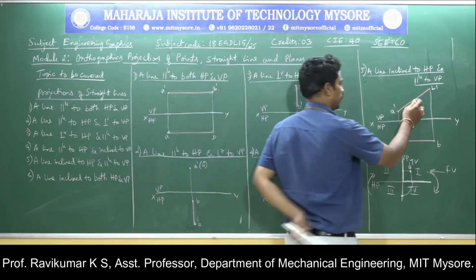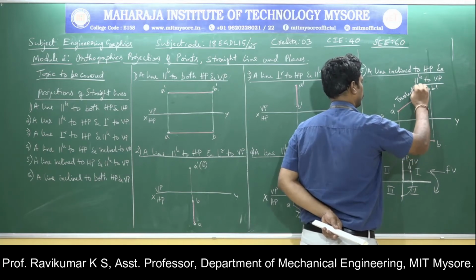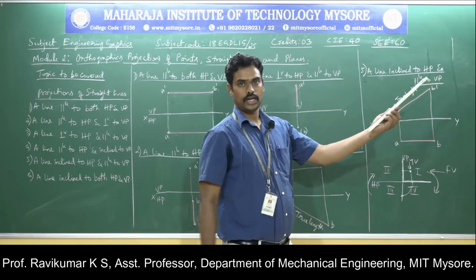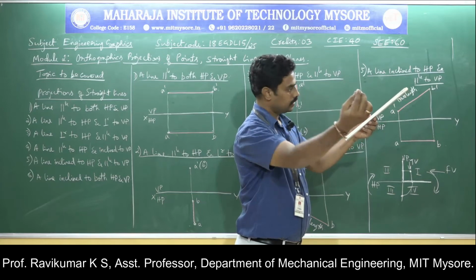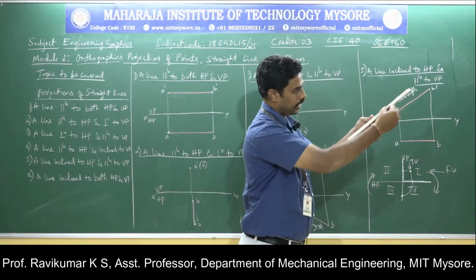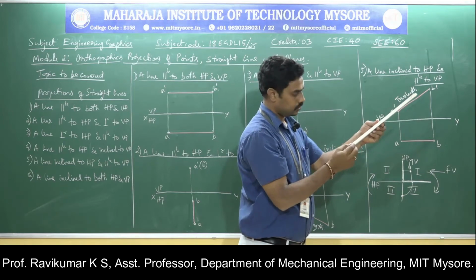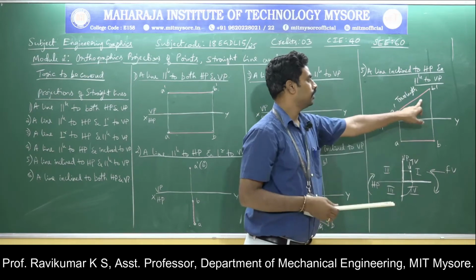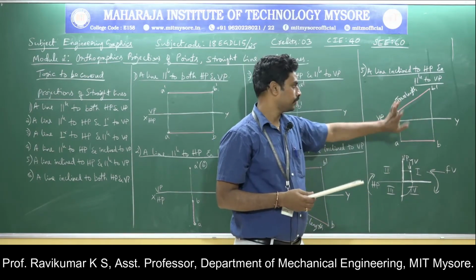And also if I look at this, this is in its true length. If I hold the line like this, the viewer from this point can see the entire length of the line. So projecting this point and joining will give the true length of the line.